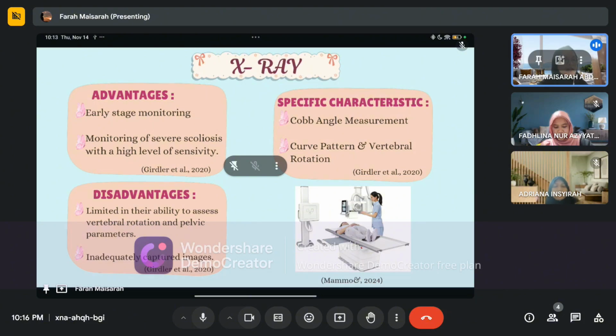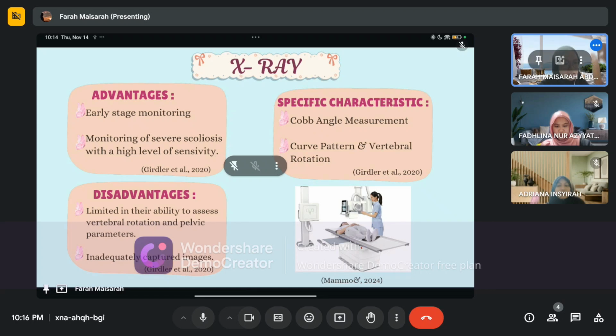These are the advantages of the X-ray. The first one is that X-ray is very suitable for early stage monitoring because it does not use as much radiation as other modalities like CT scan or MRI. Why? I will give you a reason just a little bit later.